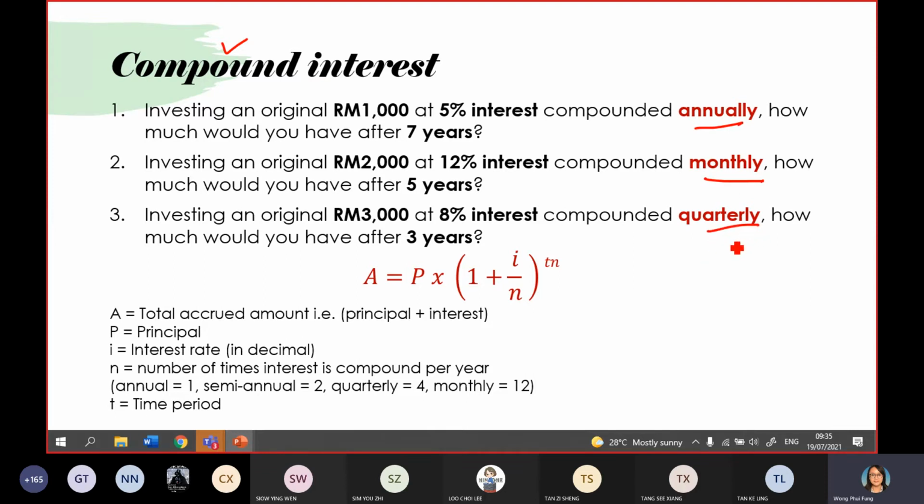It actually depends on the bank, whether they want to compound monthly, quarterly, annually, or sometimes daily, also possible. So in that case, you need to get these 3 questions correct first. First, understand the formula. How do you calculate A?